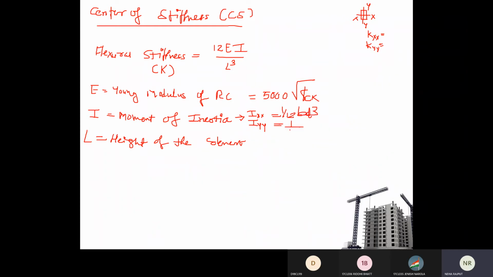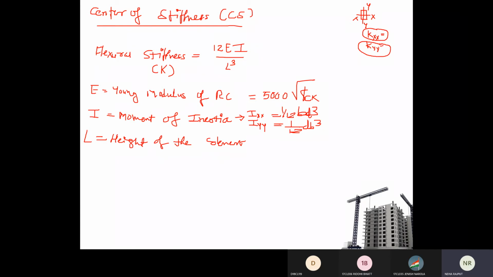Here it is 1/12 D B cube, right? So more the moment of inertia, more will be the stiffness of the element. Less moment of inertia, less will be the stiffness of the element.